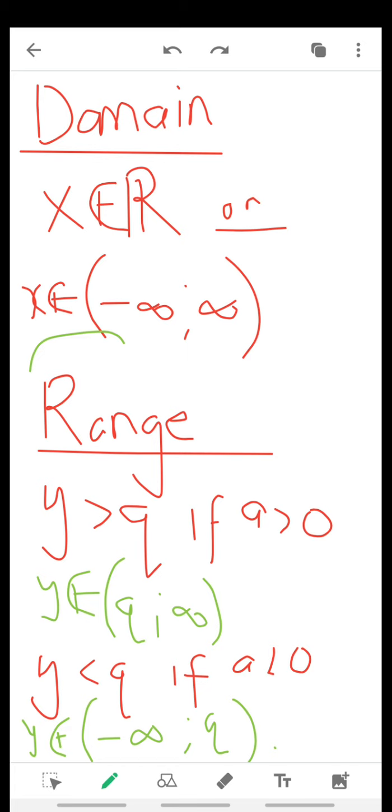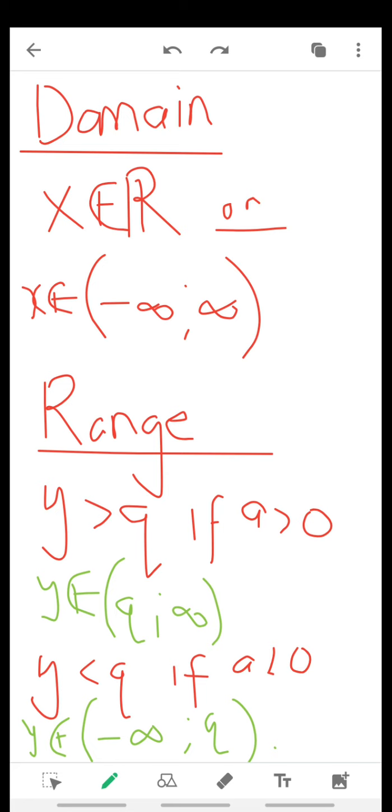Then the range of the exponential function will be y is greater than q if your graph is above the horizontal asymptote. So what are we saying? We are saying your graph starts at the horizontal asymptote all the way up to a positive y value, which is called positive infinity.